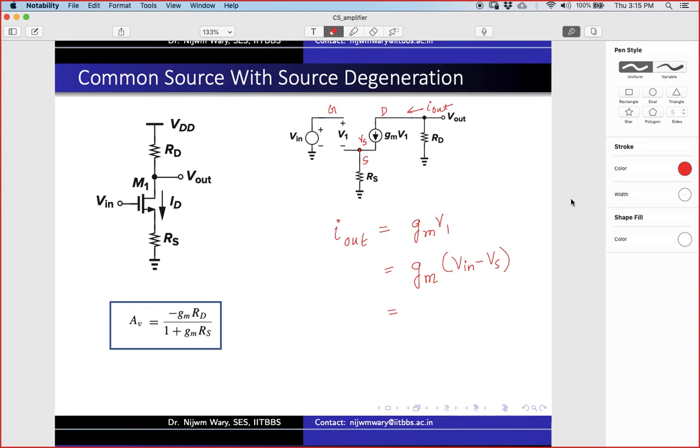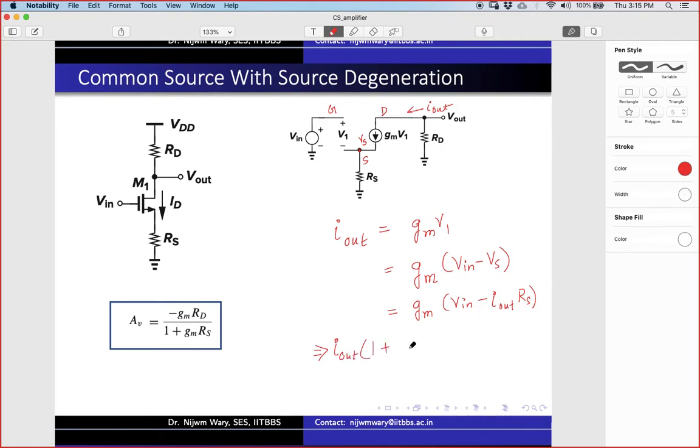Agreed? So I can write Gm times Vs, which is nothing but the same current flowing through Rs, so I have I out times Rs, right? Clear? I want to bring this I out to this side and equate it.